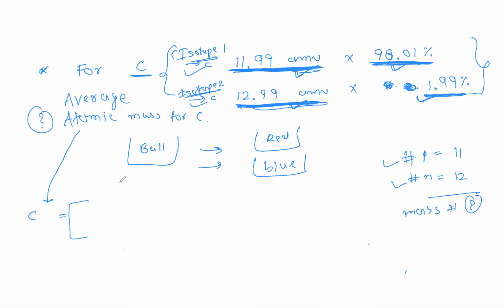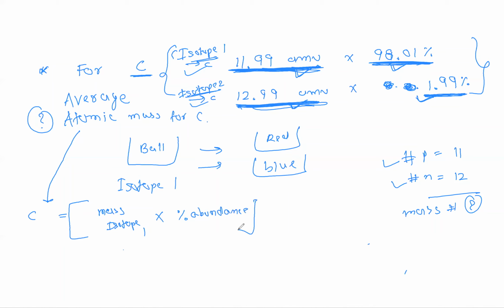We have to find out, for isotope 1, we have to multiply this number. What is the mass of isotope 1? 11.99. Multiply by its percentage, right? How many percent? So percentage, I would say abundance. It means the availability. Abundance.